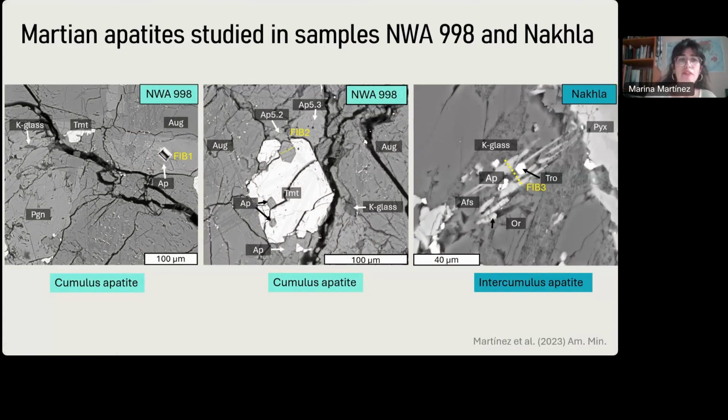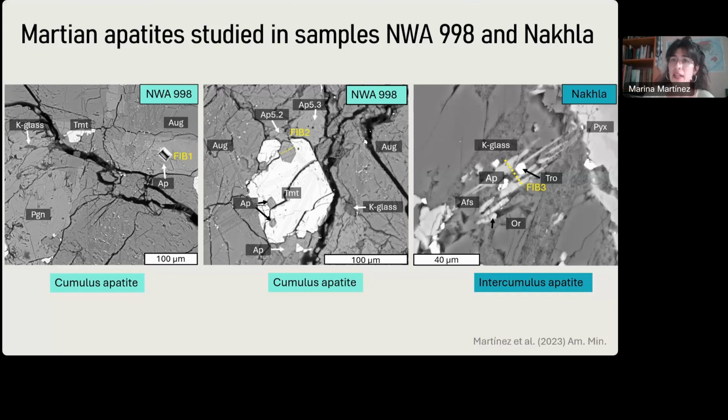And the FIB cut was done along the elongated axis or elongated direction. The FIB2 was extracted in an apatite grain that was closely intergrown with titanomagnetite, and it was cut perpendicular to the elongated direction, and it's also considered to be cumulus apatite.